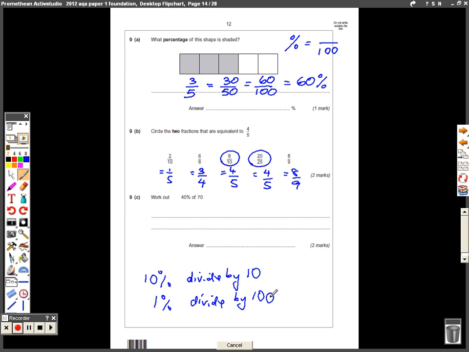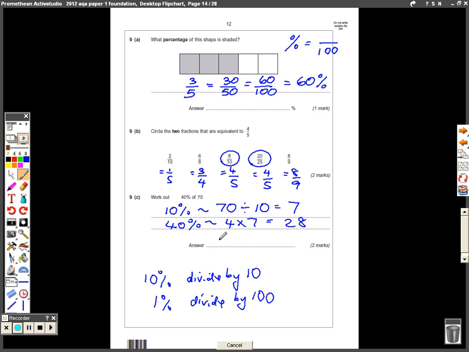So, in this question, I can find 10%, because that's going to be 70 divided by 10, which is 7. And then, if I want 40%, well, it's going to be 4 lots of 10%. So that will be 4 lots of 7, which is 28.